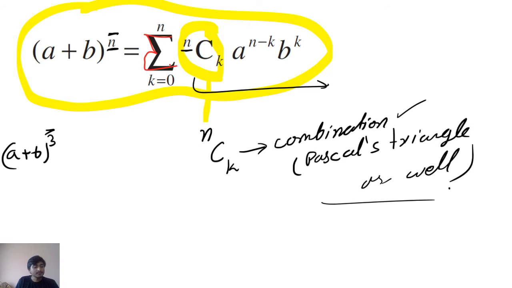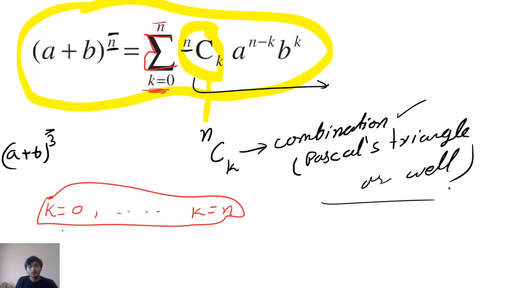Summation means addition of all the terms. So k equal to 0 to k equal to n means this function should be defined for all these values, and you need to find the value of all of these and add all of them from k equal to 0 to k equal to n.